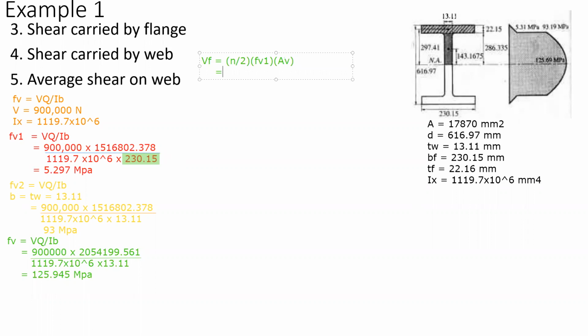So N over 2, ilan ba yung flange natin? We have 1 and we have 2 divided by 2. So this is simply negligible. So you have FV, V. So this is very familiar. FA to get shear. Okay, FV1 natin is from this equation.